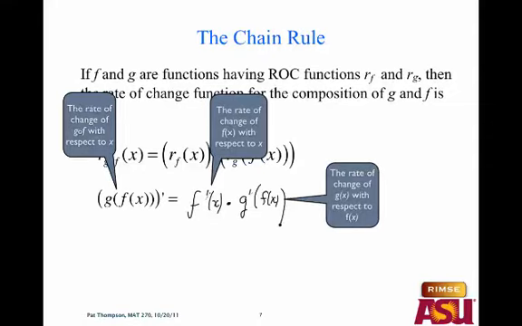The rate of change of f with respect to x, the rate of change of g with respect to f of x. So there's a definite advantage to doing it this way. When the problems get really complicated and long, I think this way is helpful.